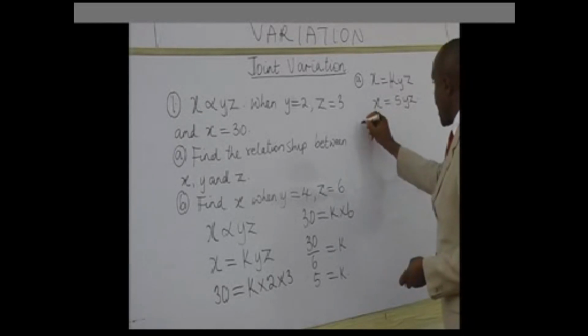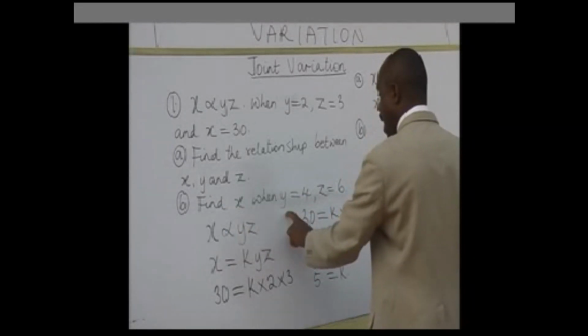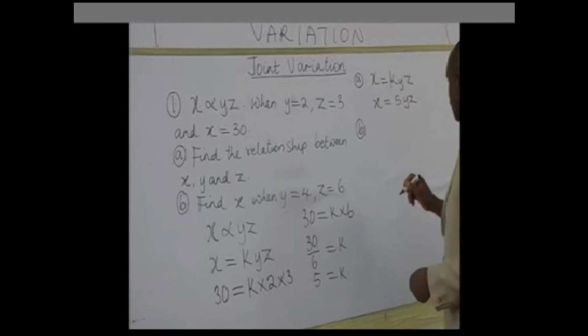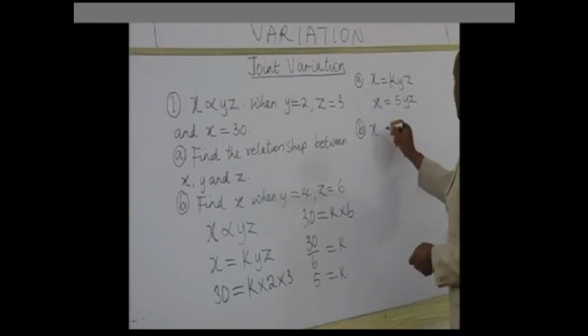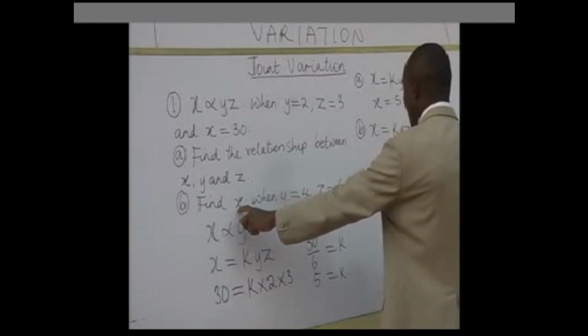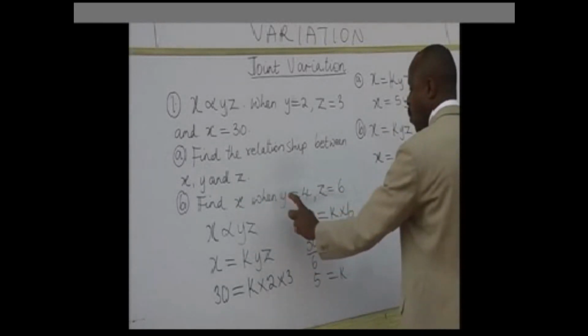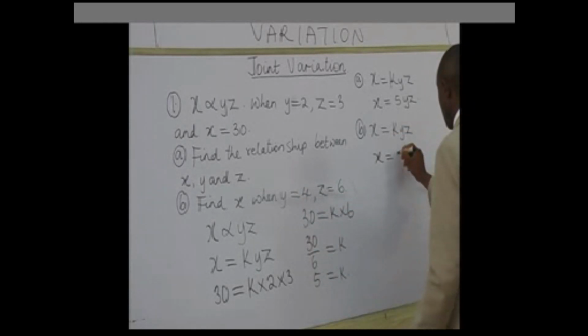So question B now. Question B, they say we should find x when y is 4 and z is 6. Very simple. Go to the grand equation, which is x is equal to kyz. Now they say we should find x. It's going to be equal to, when y is 4, remember our k is 5.